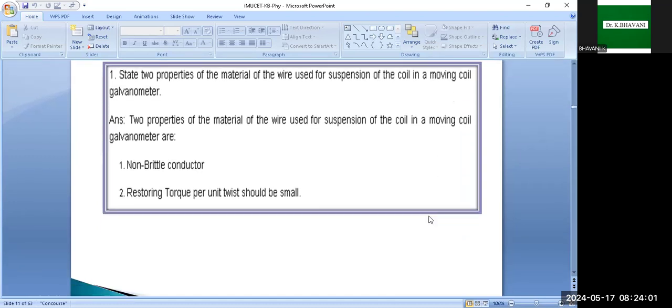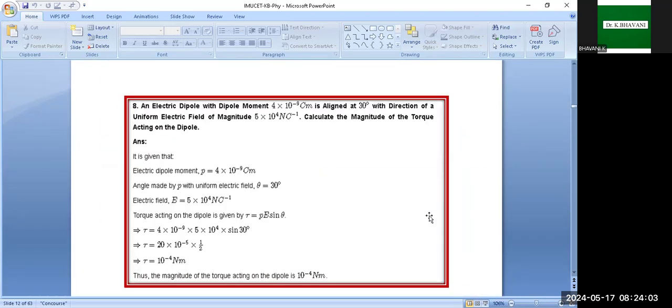Moving on to the next one. Guys, this is a numerical-based question. What is the given problem? An electric dipole with a dipole moment of 4 × 10^-9 C m is aligned at 30 degrees, that is theta, in a uniform electric field of magnitude 5 × 10^4 N/C.